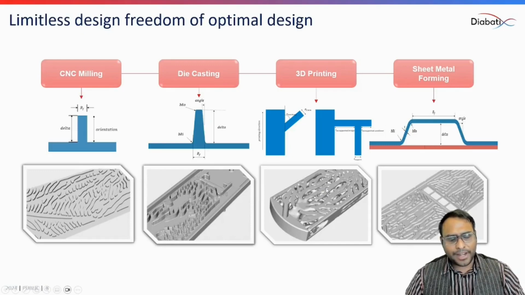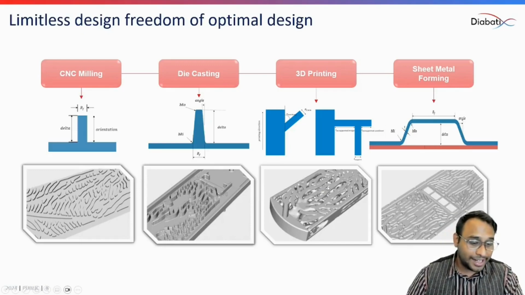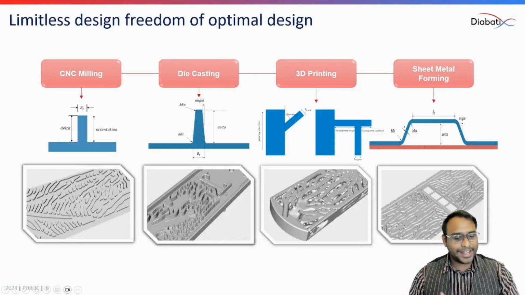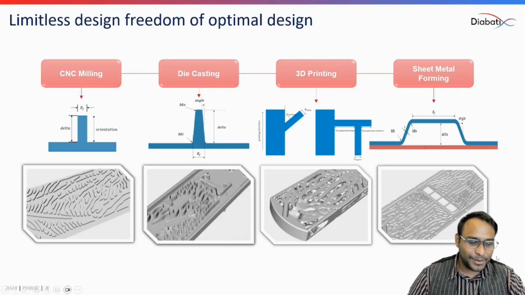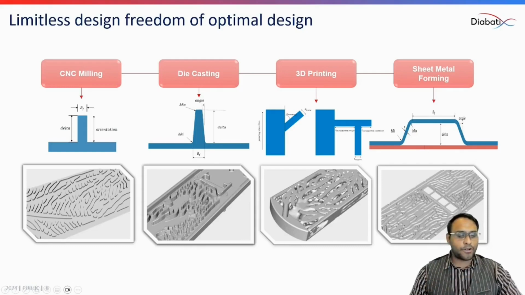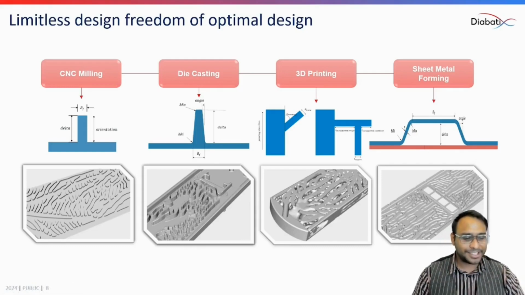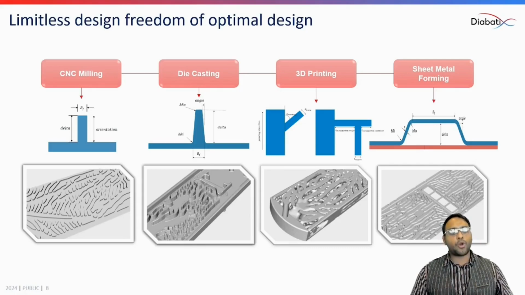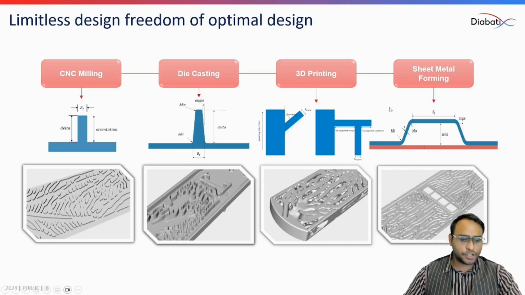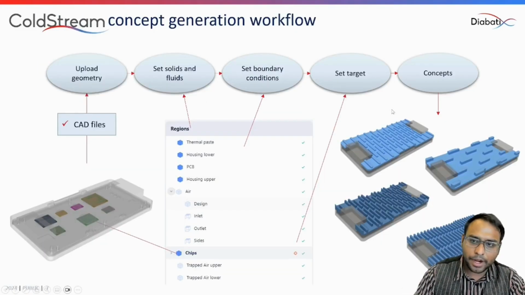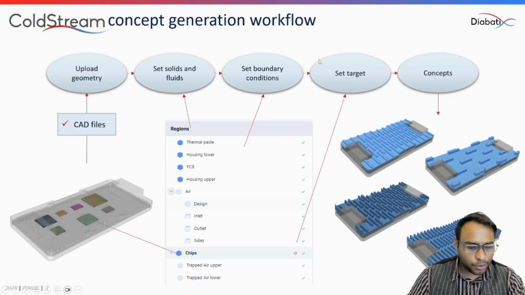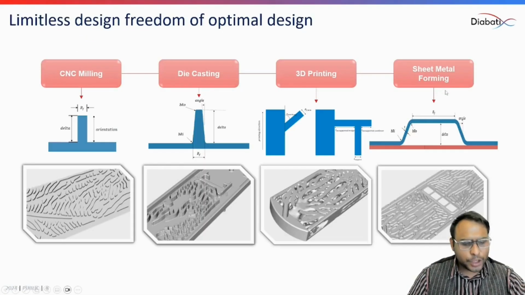To give you a better idea of how Coldstream really leverages its manufacturability aspect, I think this slide really helps you understand that better. One of the core values that we bring with our designs on Coldstream is that we always leverage manufacturability. As you can see over here, one of the more important target functions that we feed into Coldstream in our fourth stage, or the target stage, is what kind of manufacturing technique we are limited to.